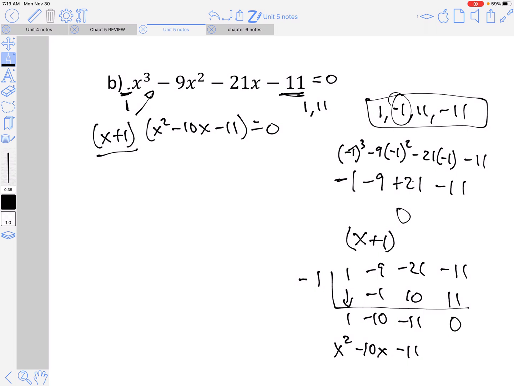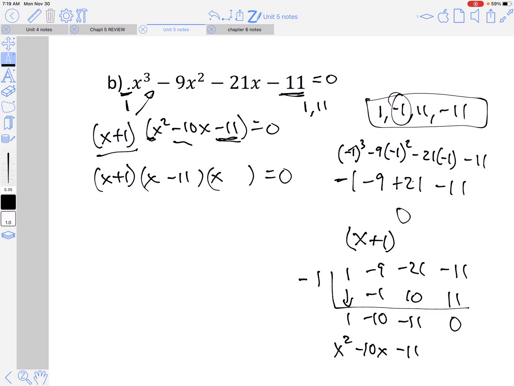Now we have a quadratic, which we don't have to do this weird stuff over here because you've learned enough skills to factor quadratics. So we've got to think, what multiplies to give us -11 but adds to give us -10? That one's not too bad, hopefully. And remember, I can only use this shortcut because my a is 1. If not, I'd have to do a longer factoring process.